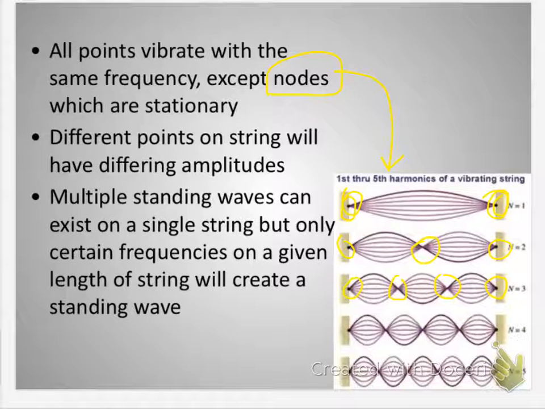That's the harmonics. So n equals first harmonic, second harmonic, third harmonic, not nodes equal. Fourth harmonic: 1, 2, 3, 4, 5. So you can have a 20th harmonic with 20 points on a string that aren't vibrating.